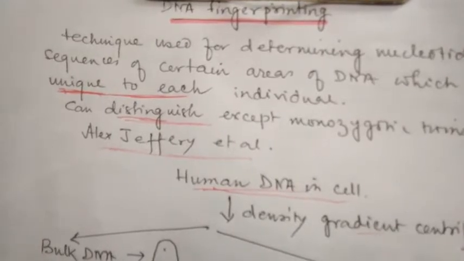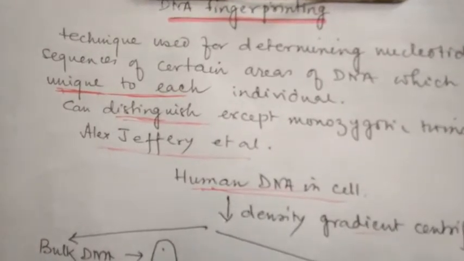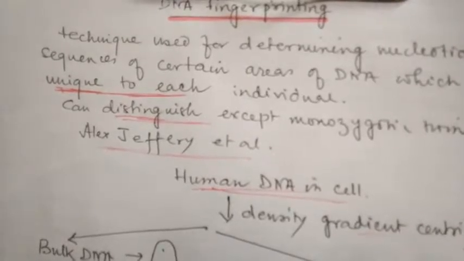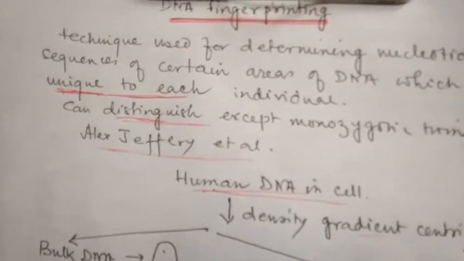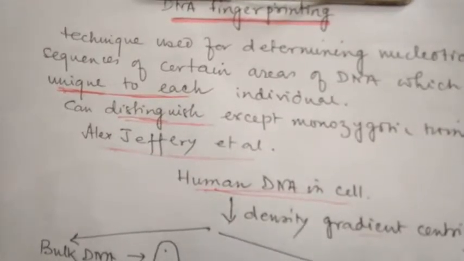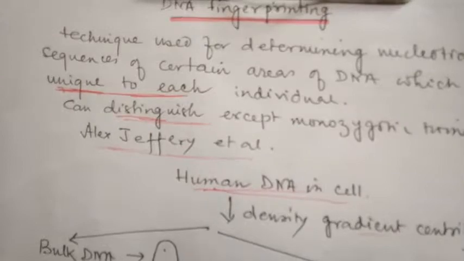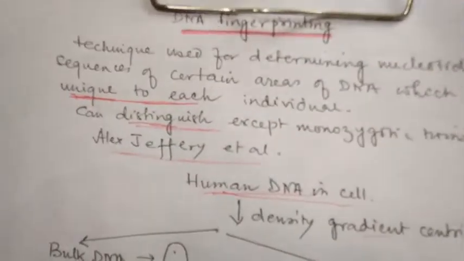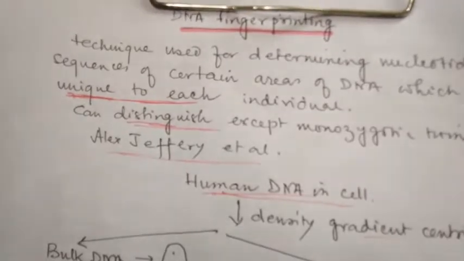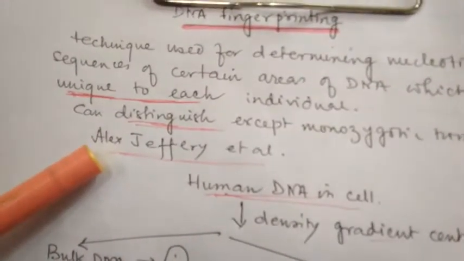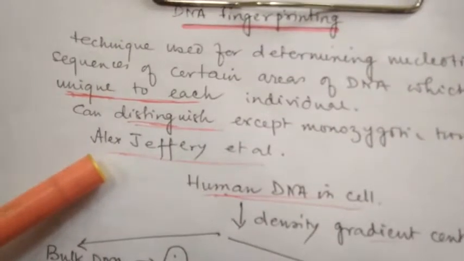This DNA fingerprinting can distinguish one human being from another. The exception is there, especially in monozygotic twins. Clear? If there is no further mutation, monozygotic twins we cannot identify properly through DNA fingerprinting.